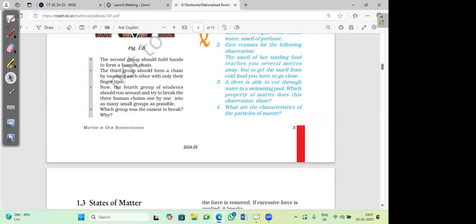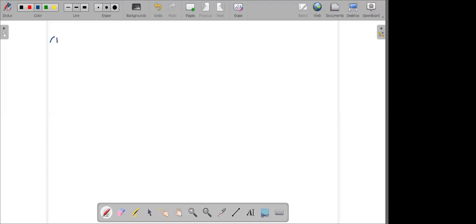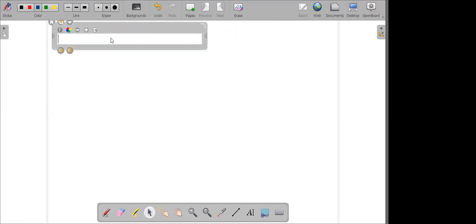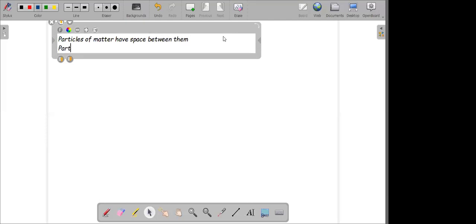Yes, sir. Okay, so the three properties which we have studied: particles of matter have spaces between them; particles of matter have strong forces of attraction; and particles of matter are in a state of continuous movement.